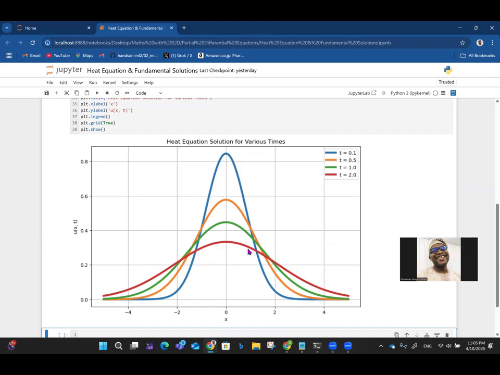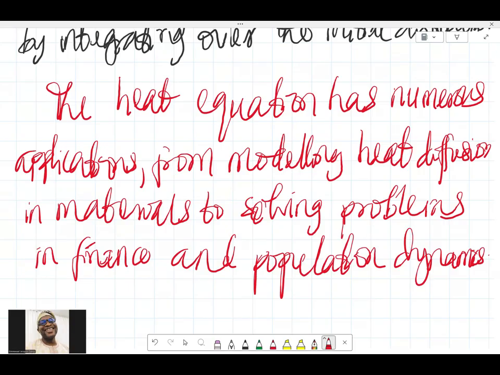When it's 2.0, it's red. And it goes on like that. This shows the heat profile, how the heat goes. As you can see, at the initial time the heat is at the peak. As time passes, it reduces across the board like that.